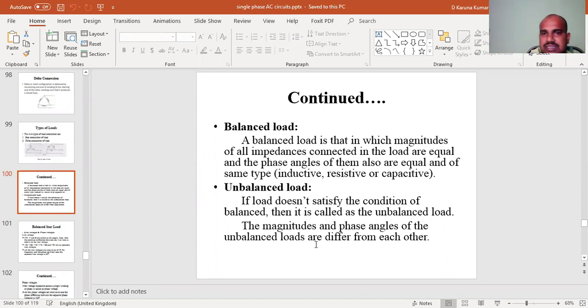An unbalanced load does not satisfy the condition of a balanced load: the magnitude and phase angle differ from each other.